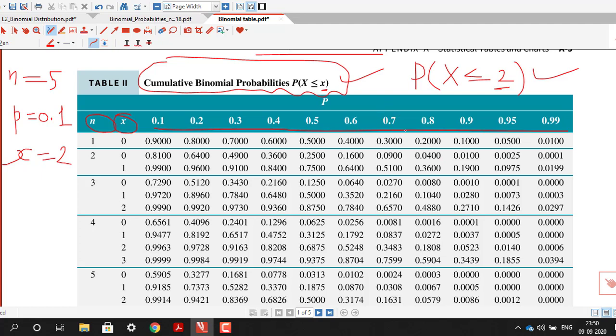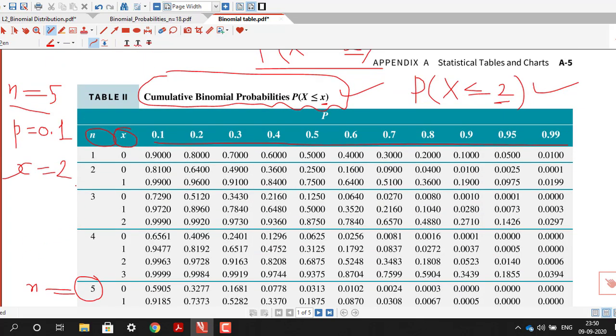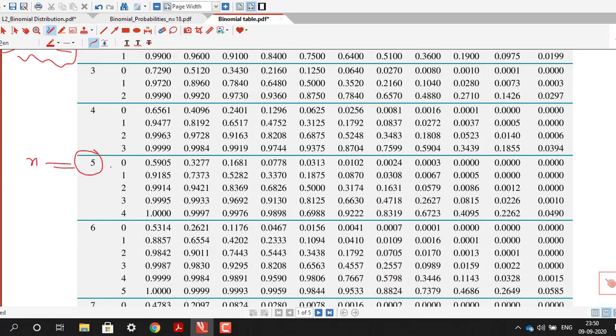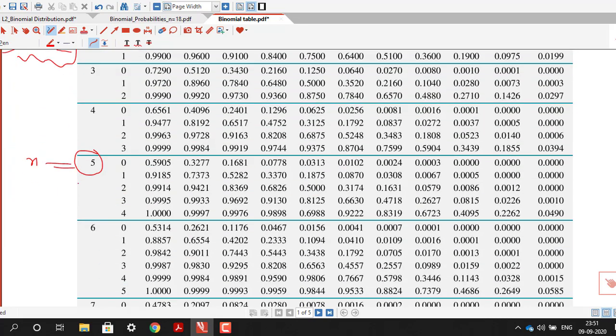So first we find out where we obtain n equal to 5. So this is corresponding to n equal to 5. Then we find out x equal to 2. In that row we have to search for x equal to 2. So for n equal to 5, these are the values of x, 0, 1, 2, 3, 4. So we are interested in x equal to 2.